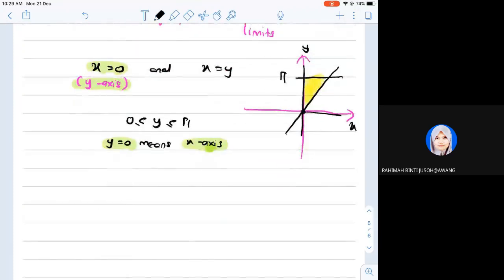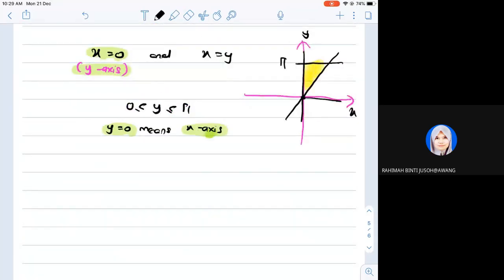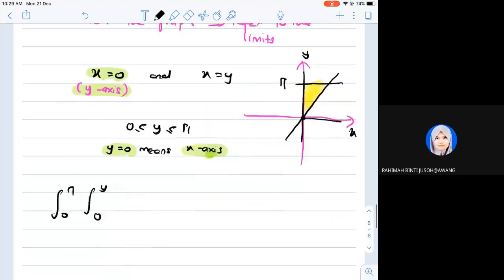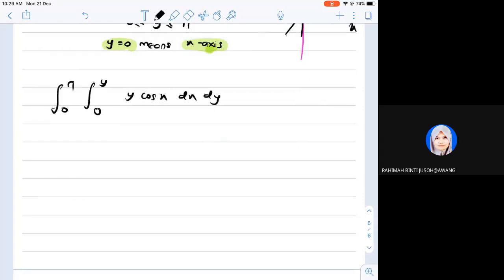Okay, what you can do now, we can just proceed with the integration from 0 until pi. From 0 until y, we have y cos x dx dy. Okay, so now we integrate cos x. We take out y because y is just a constant.